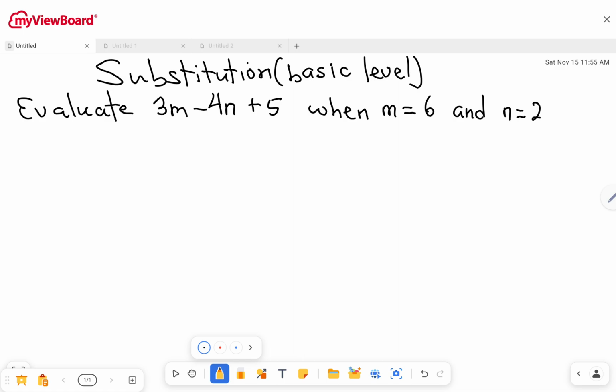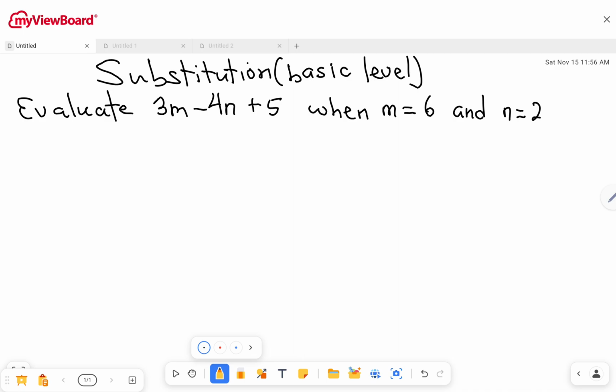Substitution means replacing one thing by another thing. So in this case, it means we are going to replace the variables m and n with their respective values.